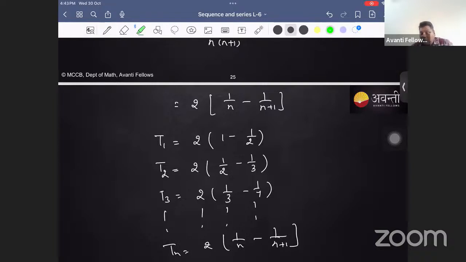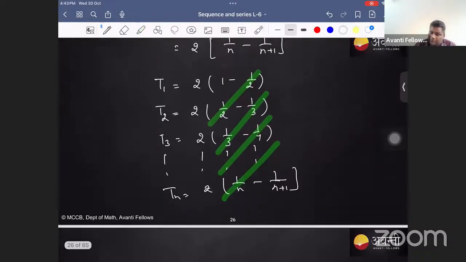Now, if you add all of them, see this 1 by 2, 1 by 2 cancel, 1 by 3 cancel, 1 by 4 cancel. This 1 by n also cancels. This is what we call telescopic sum. So this sum, which is equal to T1 plus T2 plus T3 up to Tn, is what? 2 times 1 minus 1 over n plus 1.